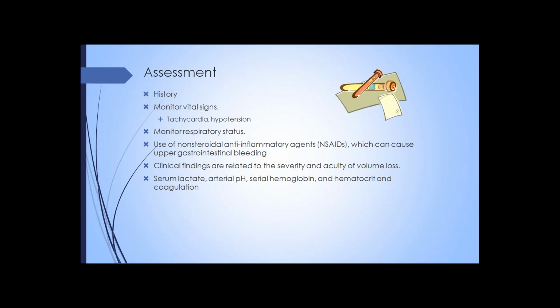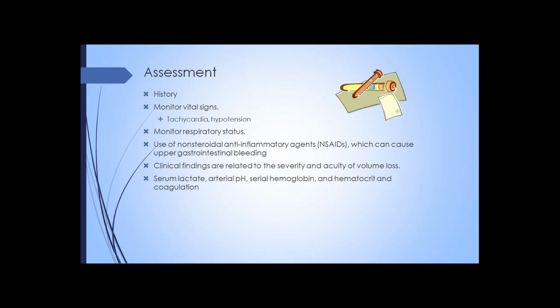Because the body's working harder, you've got to breathe more. Please keep in mind also that if somebody is a habitual taker of NSAIDs, that could be an upper GI bleed. So little flags should be in your head thinking, oh, that could be. You have to think about those things.